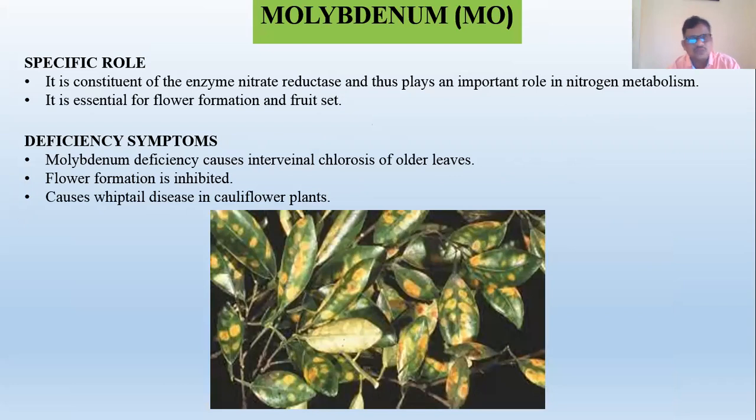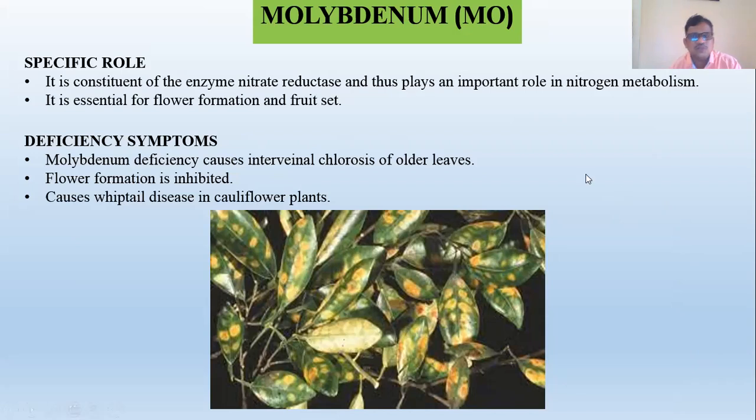Next is molybdenum. Molybdenum is also required in very trace amounts, but in its absence also the plant will suffer. The specific role: it is a constituent of the enzyme nitrate reductase and thus plays an important role in nitrogen fixation or nitrogen metabolism.